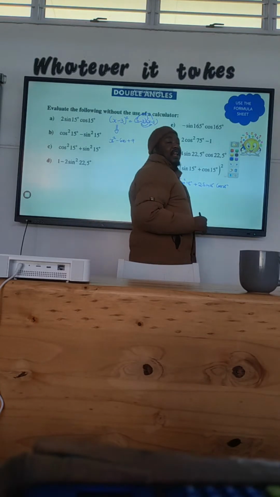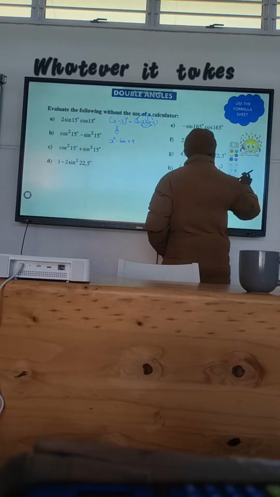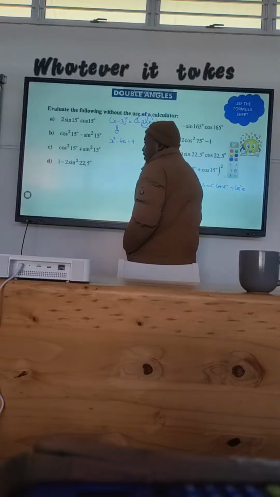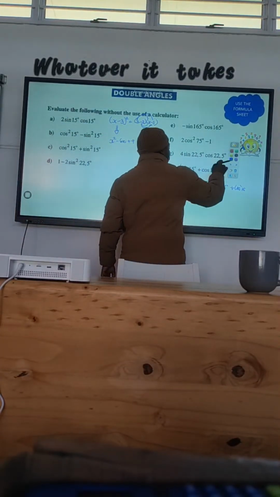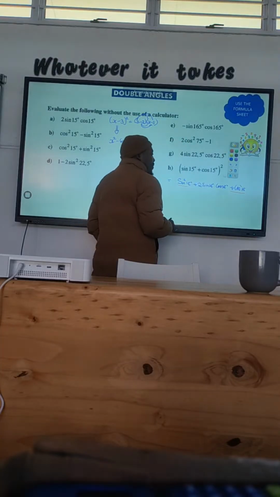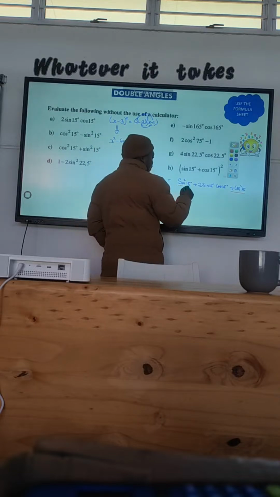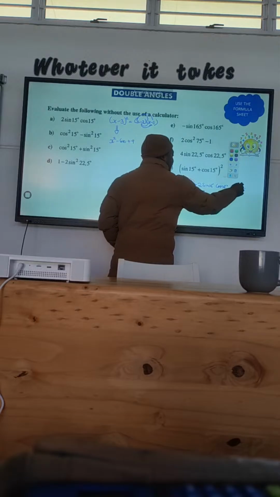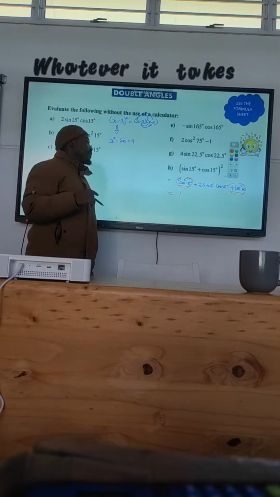And then you square the last one, which will be cos squared of theta, but we have 15. Then when you look at these two, the sum will give me 1. This plus this, the grade 11 identity, will give me 1.